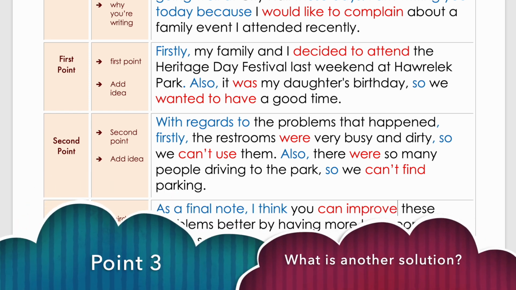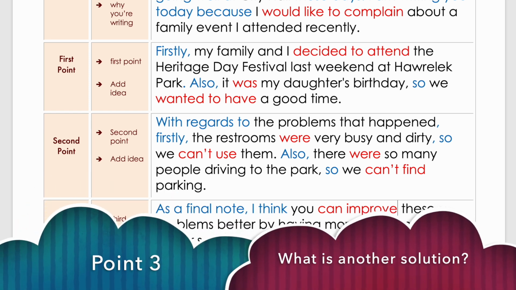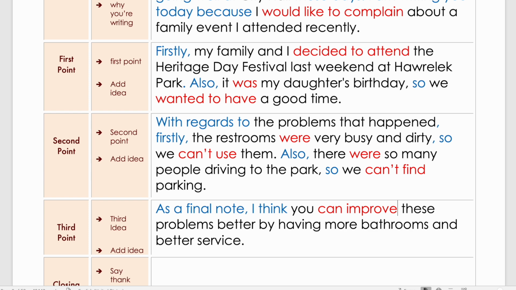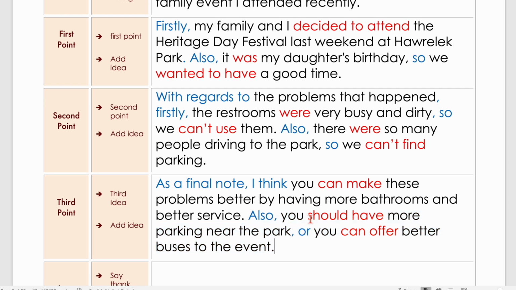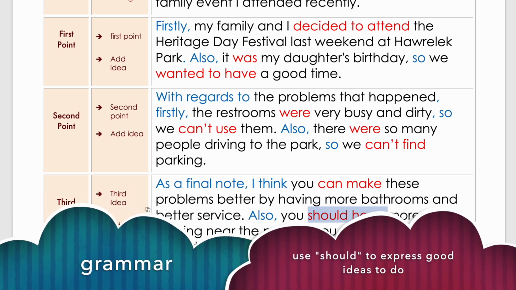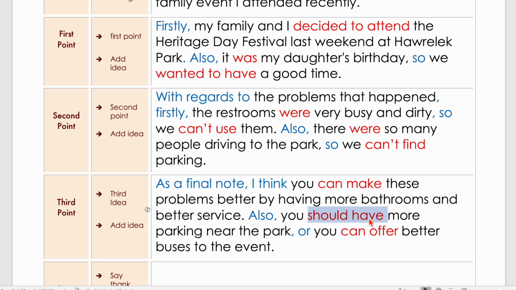So, very good. And what about also? Also, you should have, and should means it's a good idea to do. You should have more parking near the park, or you can offer better buses to the event.